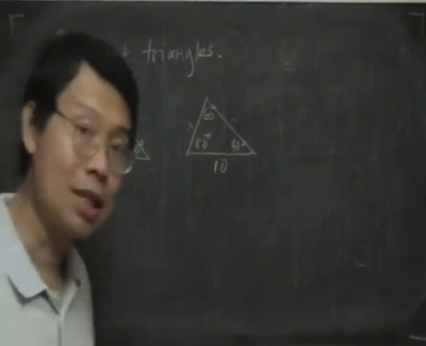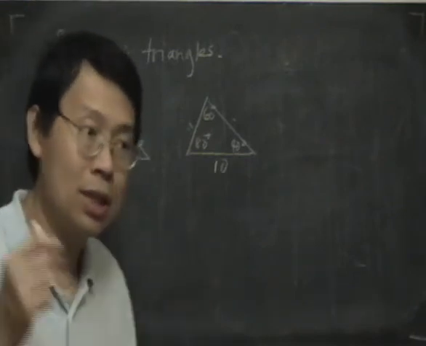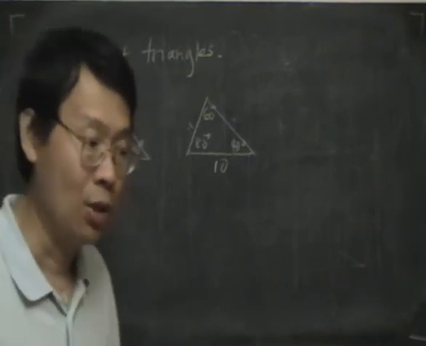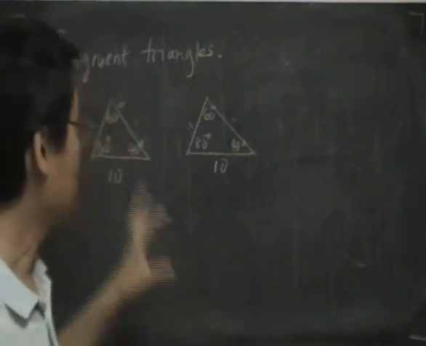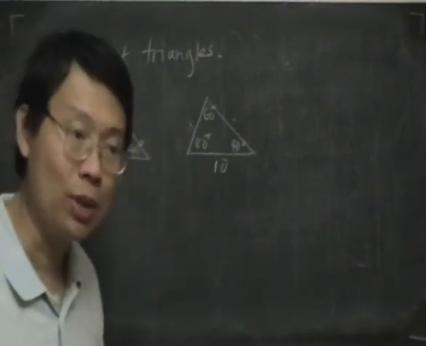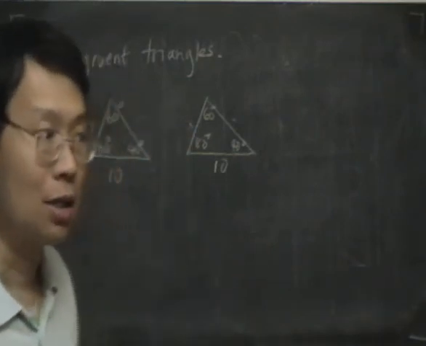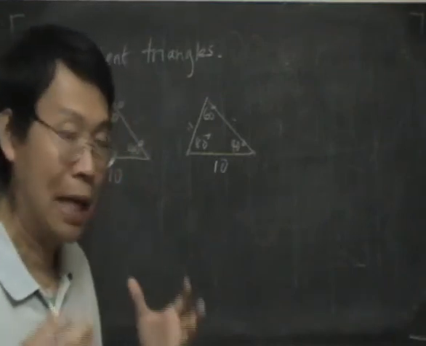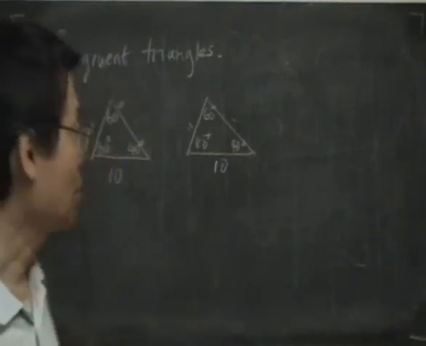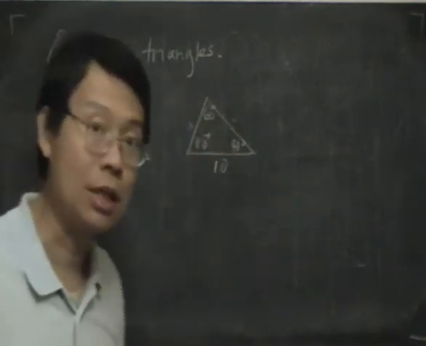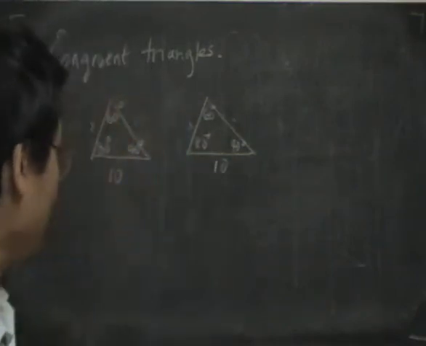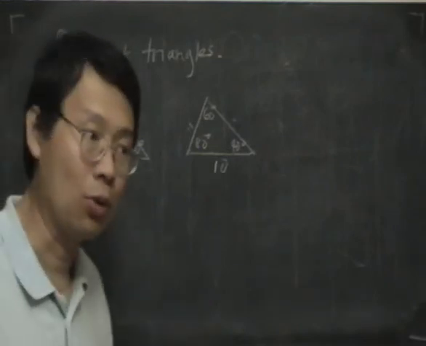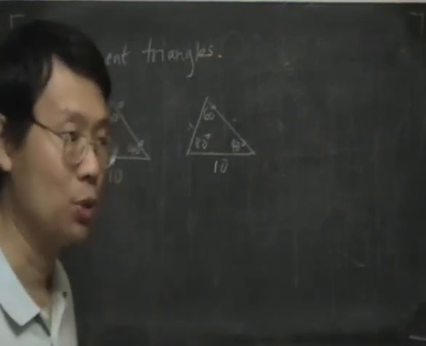So in these cases, how can we decide whether there are enough angles or sides to tell us that the two triangles are congruent? So we'll look at some of these conditions and see what sort of information we need.